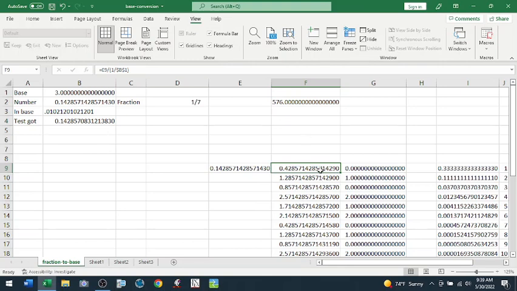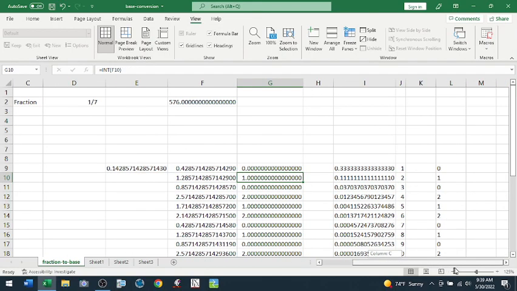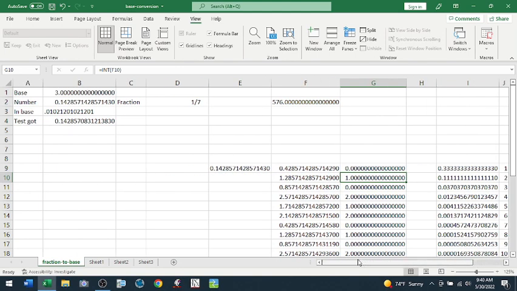And you take E9 right there. That's the number you want to represent. You do a division, and then you take the integer part of that, do another division of the difference, take the integer part of that. The integer part of that gives you the digits in base 7. This is base 7.